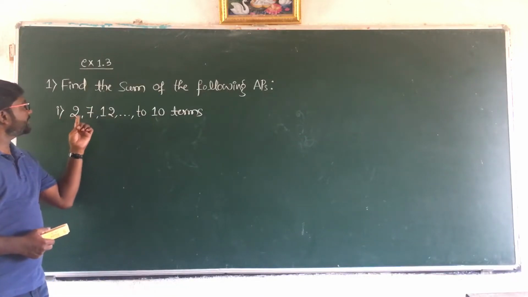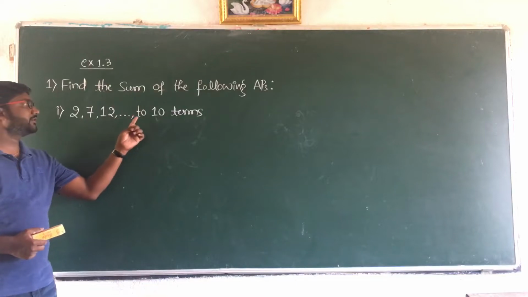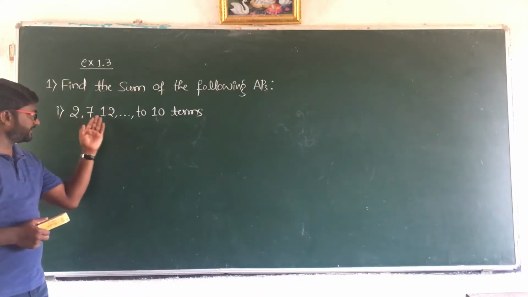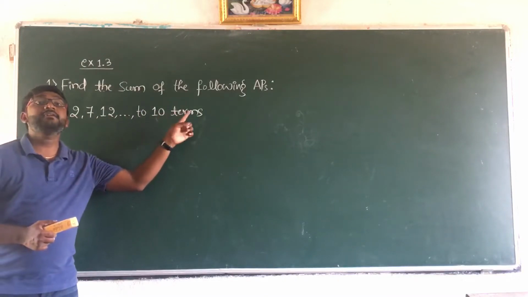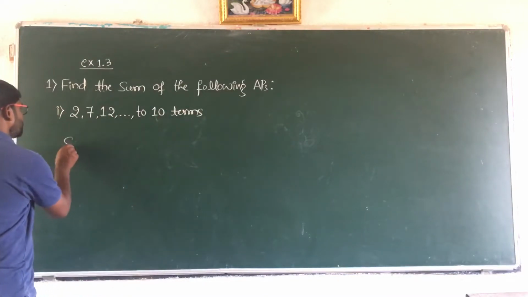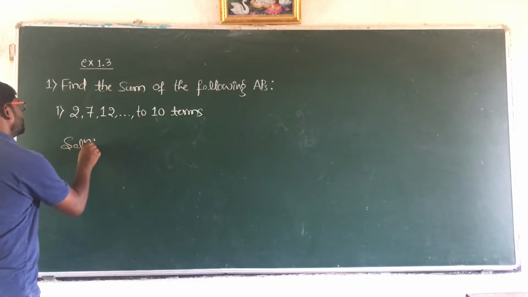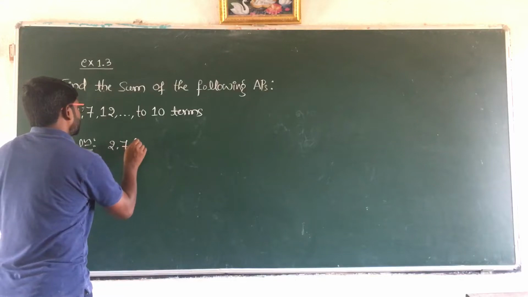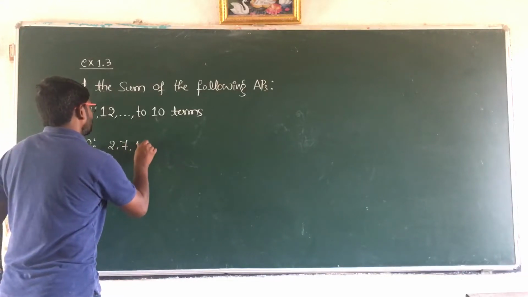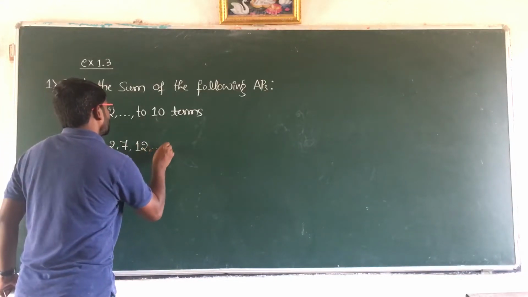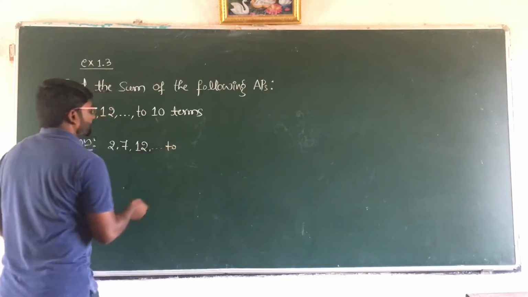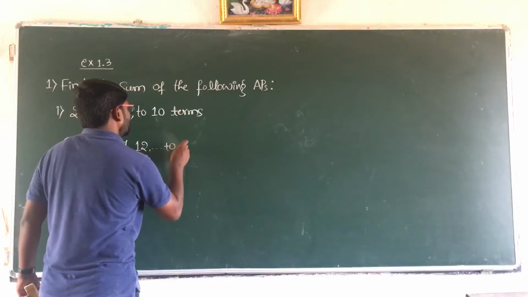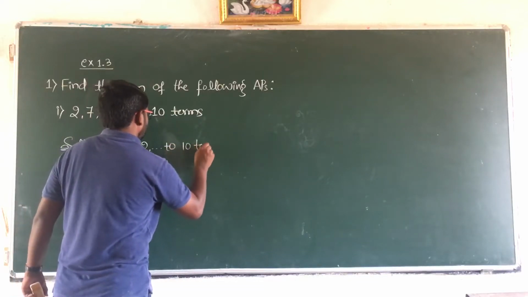He has given 2, 7, 12, and so on, to 10 terms. That means we have to find the sum of this particular AP up to 10 terms. Solution: 2, 7, 12, and so on, to 10 terms.